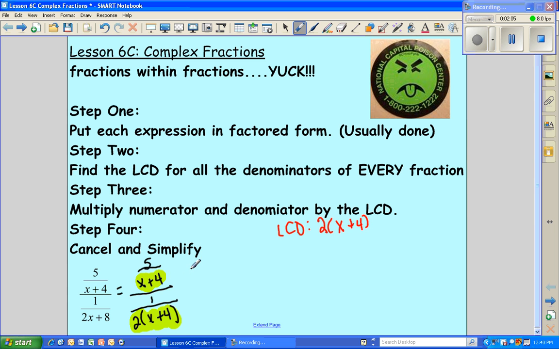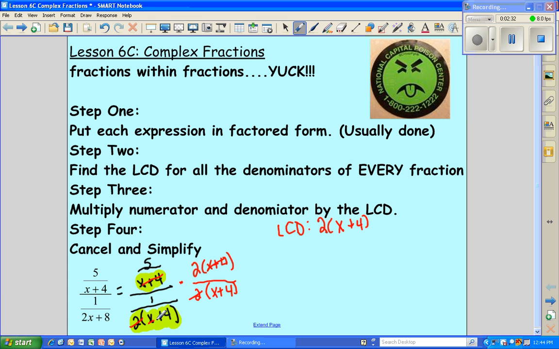All right, so we're going to multiply this current fraction by our LCD. And what allows us to do this is you are allowed to multiply or divide an expression by anything you want as long as it is equivalent to 1. All right, so this x plus 4 is going to cancel out this one.